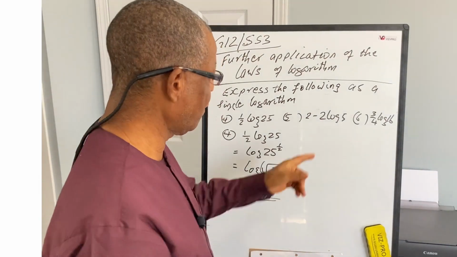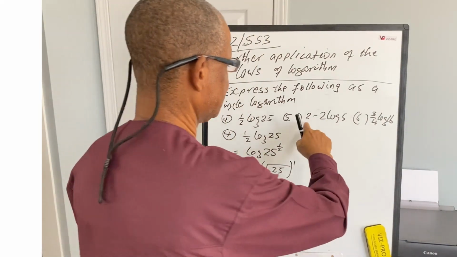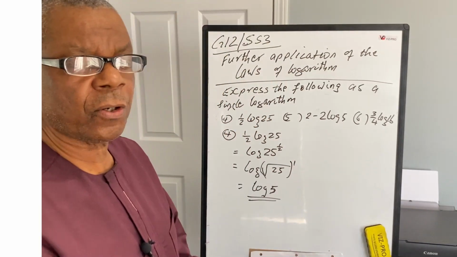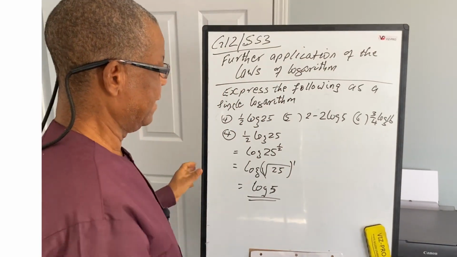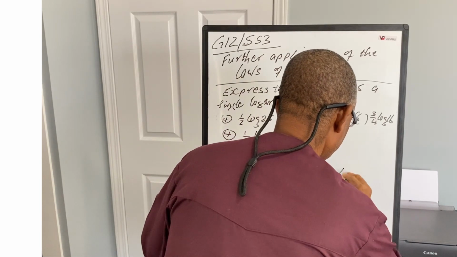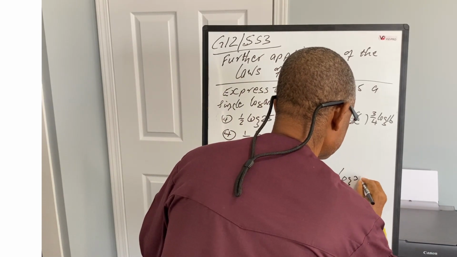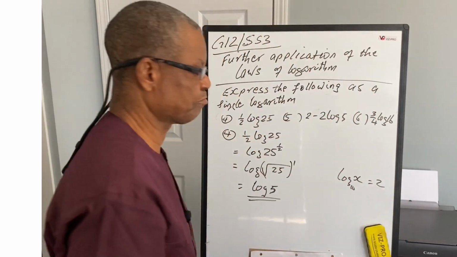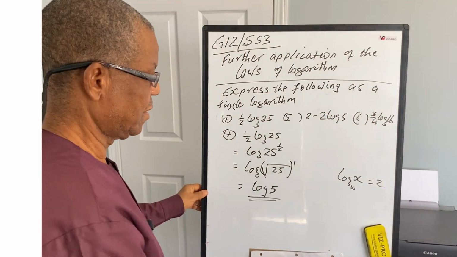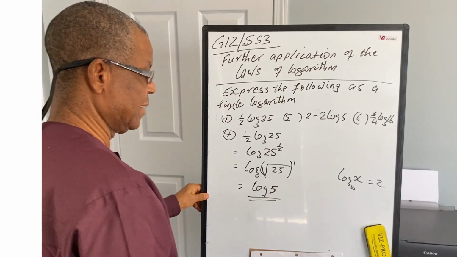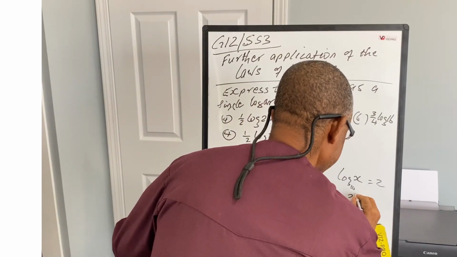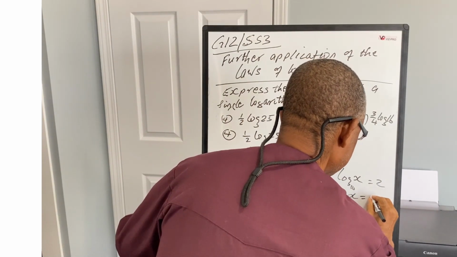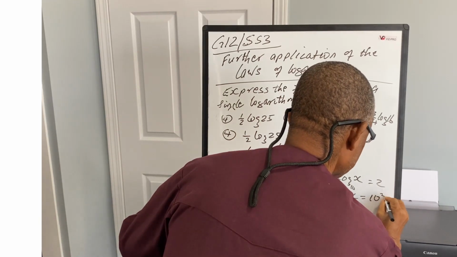For number 5, this is 2, and there's no log written against it. Now, if you have log x base 10, and yet it is 2, we are looking for that very x. So you know that x, if we write this in index form, this is x equal to 10 raised to power 2.